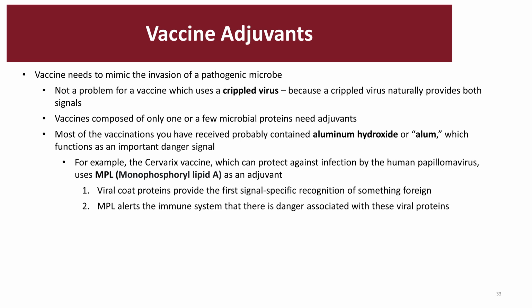For example, the cervical cancer vaccine for the human papillomavirus uses MPL, monophosphoryl lipid A, which is a common ingredient added as an adjuvant. The viral coat proteins provide the first signal, and then the MPL alerts the immune system as another foreign entity in the body, so it alerts the immune system to be a little bit more aggressive.